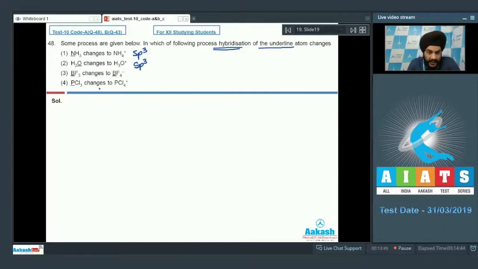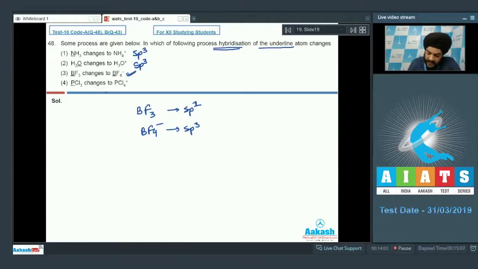If you talk about the third option now, in which BF3 changes into BF4-, in BF3 we have sp2 hybridization of boron, whereas in BF4- we have sp3 hybridization of boron. So this is correct, students. In this process, the hybridization of the underlying atom changes.